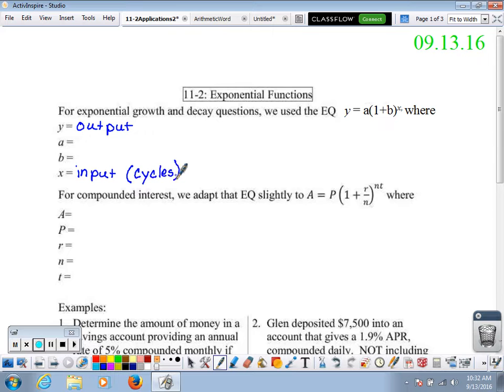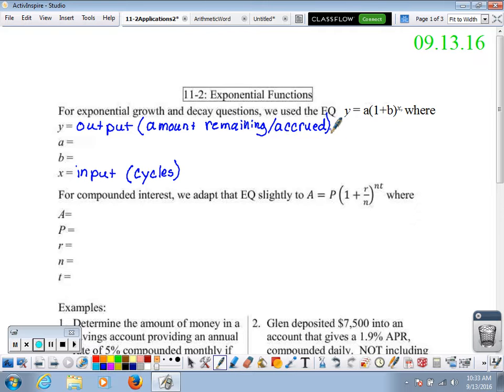When we talked about half-life and those M&Ms, every time we poured out those M&Ms and took away the ones that were M side up, that was one cycle. The output was how many we had left. So the output is the amount remaining or accrued at whatever cycle we were on.